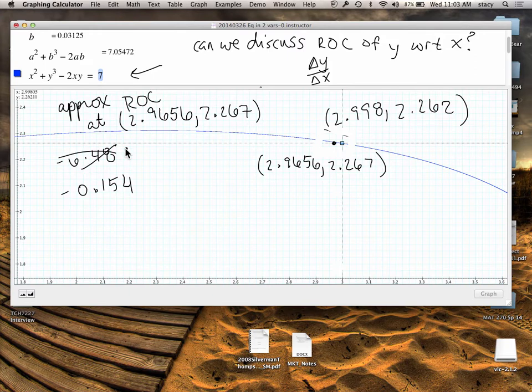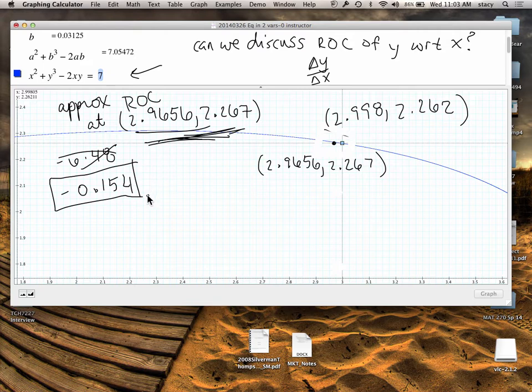Because, all right, so let's remind ourselves, what is the meaning behind this number? So this number is what you're telling me is the approximate rate of change at this point on the curve, right? What does that mean? Rate of change.